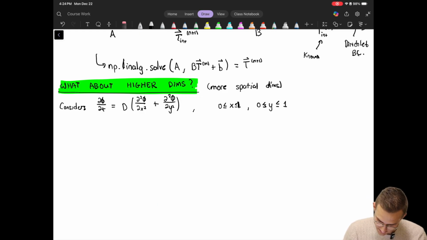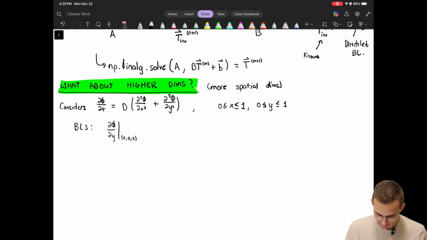Okay, sorry, let me make that a little bit cleaner. Less than or equal to 1. Okay, and then what do our boundary conditions look like? Well, we have the following, where we have the derivative of phi with respect to y evaluated at x, 0, t, so at the y equals 0 boundary, is equal to 0.